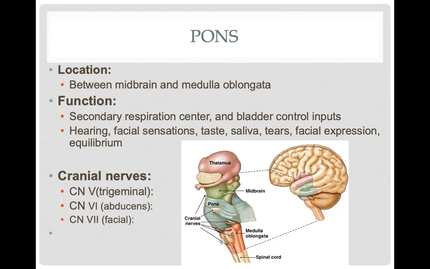And secondly, it is responsible for some of the voluntary actions like ability to taste, release saliva, release tears, your facial expression, creating a sense of equilibrium, and hearing. Again, it is involved in those processes, might not be the main structure for all of them, but it is involved in those processes.